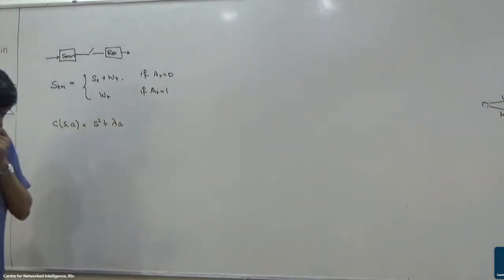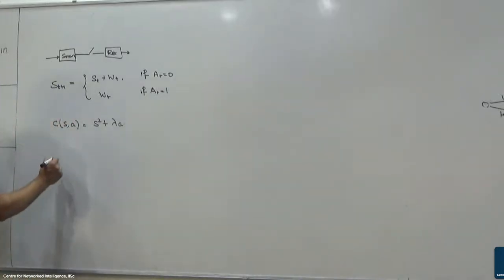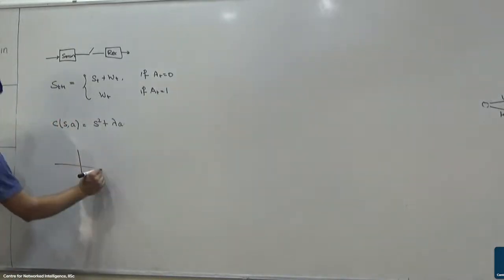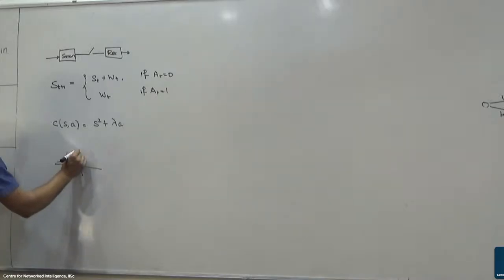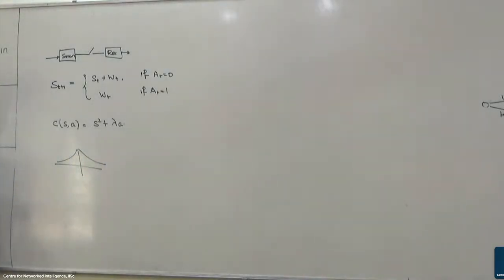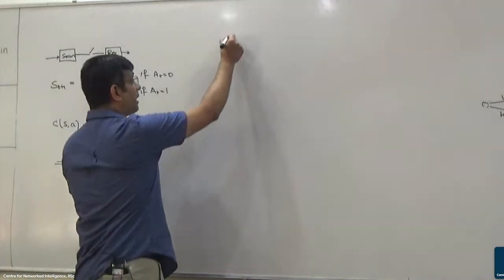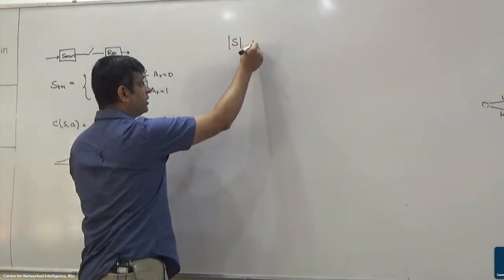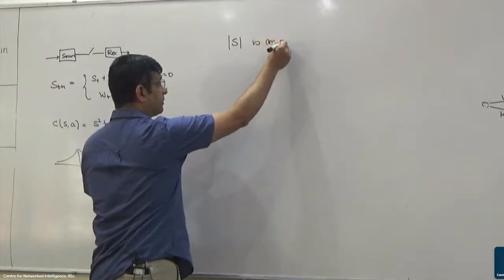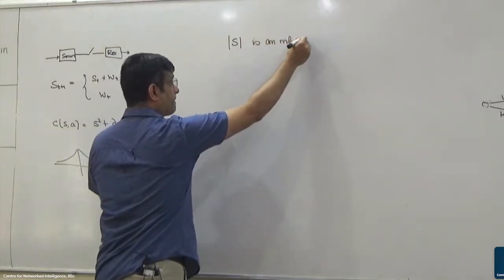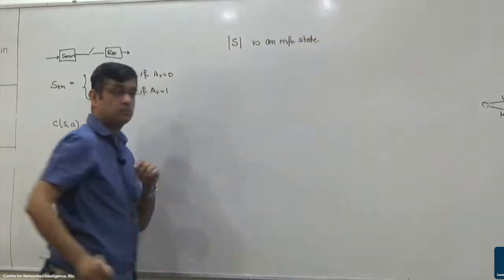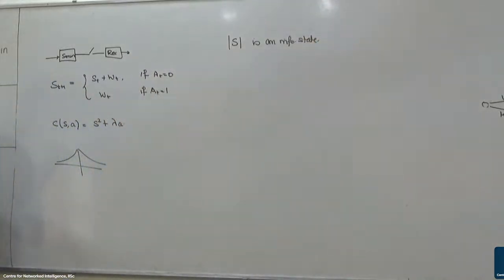Now, if W has a distribution which is symmetric, I can show that the absolute value of S is an information state. In particular, what that means is, if I were solving this dynamic program, this is an MDP, right?